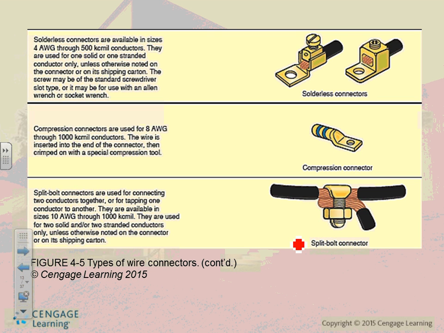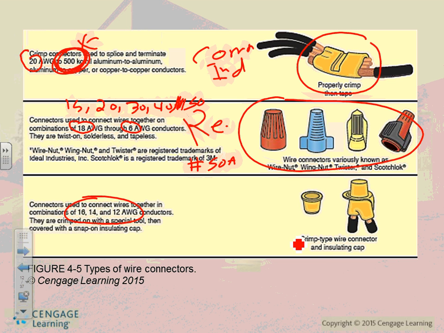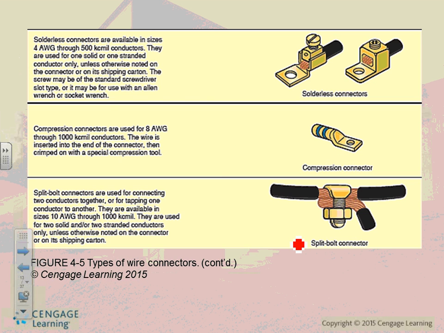Lugs. Now these guys, what we typically do with these inside a box: you grab a box like this, you have a junction box, and you use wire nuts or crimp. Typical. Now, when you land the cable into a piece of equipment, we use lugs, connectors.